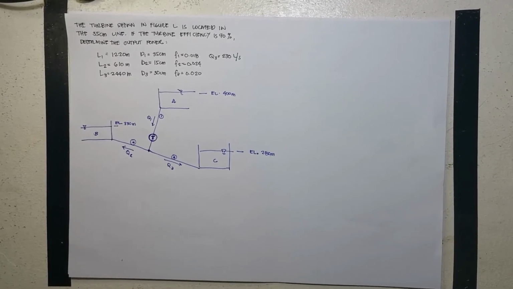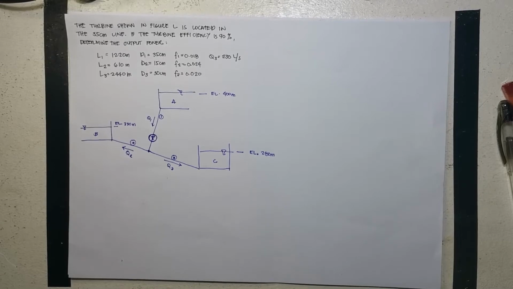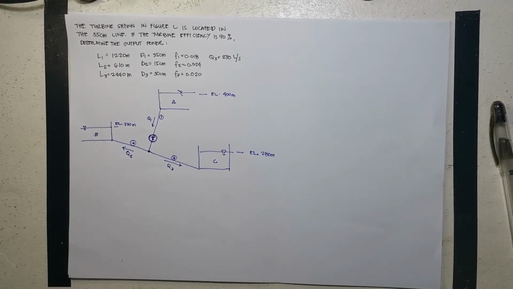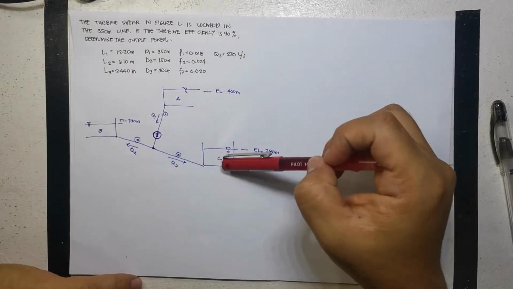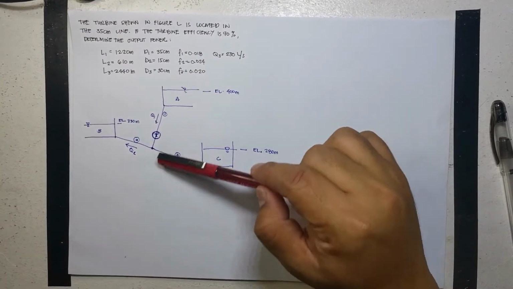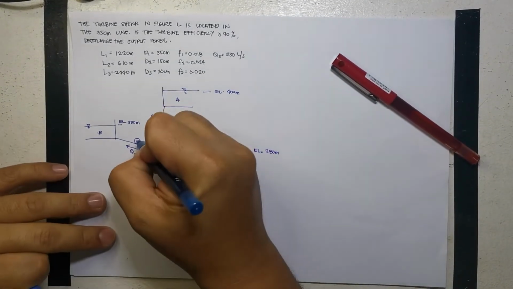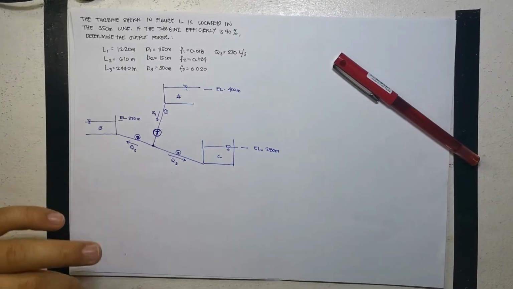The turbine shown in figure L is located in the 35 cm line. If the turbine efficiency is 90%, determine the output power. Okay. Then, tingnan natin yung figure. So, ayan nga, meron nga tayong tatlong reservoir: reservoir A, reservoir B, reservoir C. Then, connected sila ng pipe 1, pipe 2, then pipe 3.